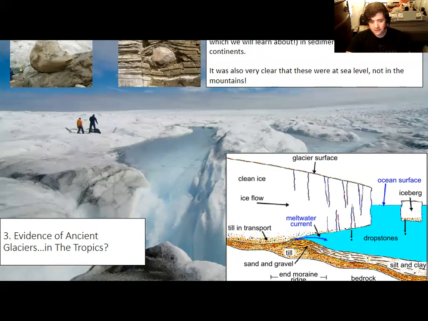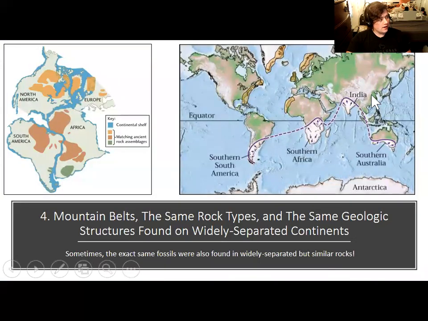And the last thing actually summarizes some of the other ones quite well, and it relates to rock types. It relates to, for example, finding not only the same fossils on two separate continents, but the rock that those fossils are found in turns out to be just about the same rock. It shows the same textures, the same mineral composition, and the same features, along with the fossils, too many similarities for it to just be a coincidence.